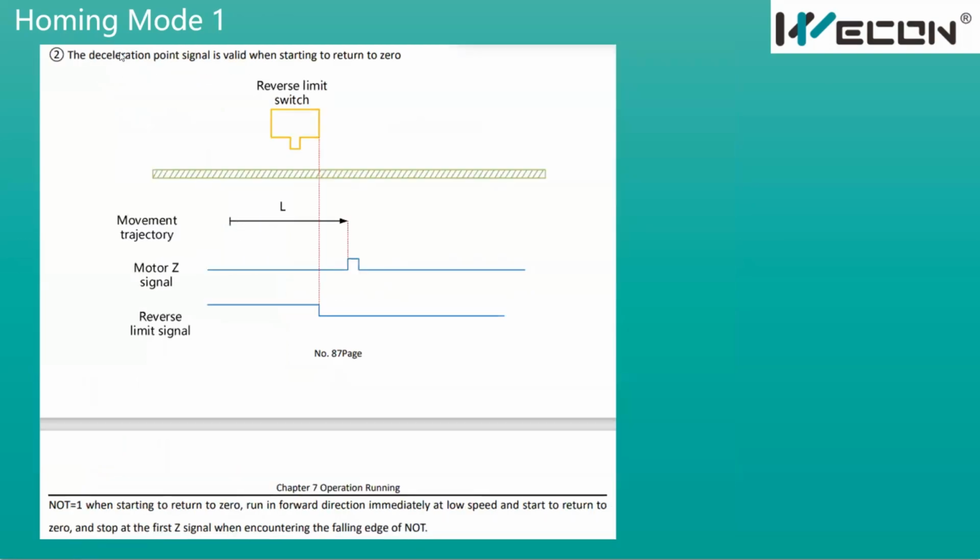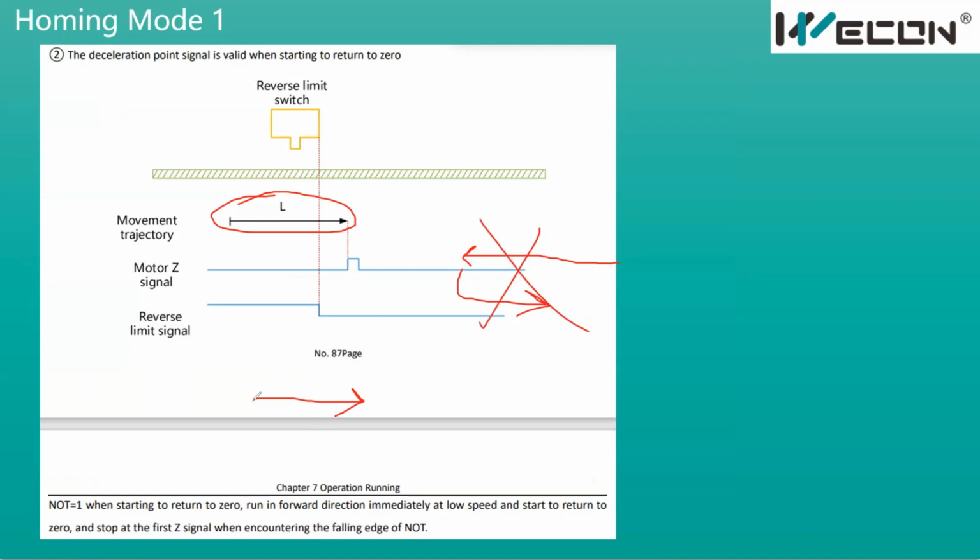And the second one is when we run the home function block, the status of NOT is already 1. So the motor will run forward in low speed directly, not run in high speed and then change its direction.